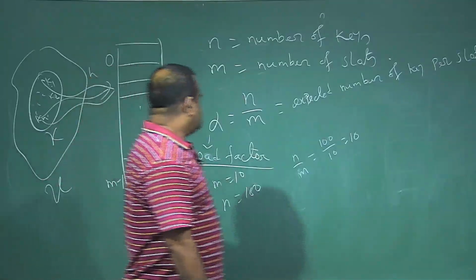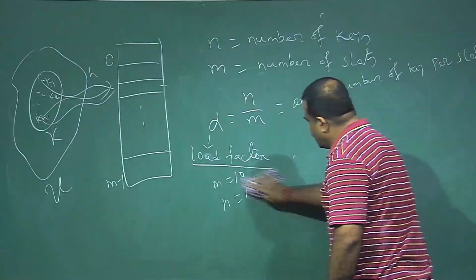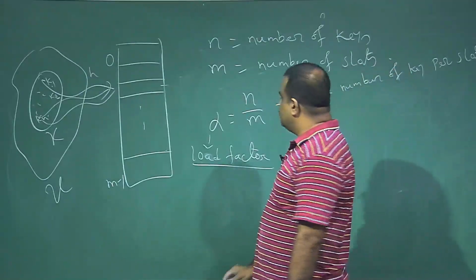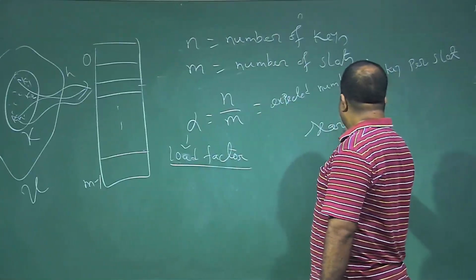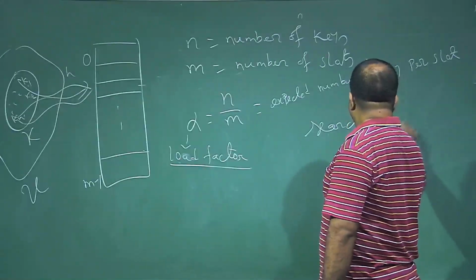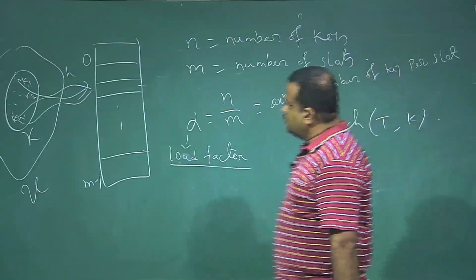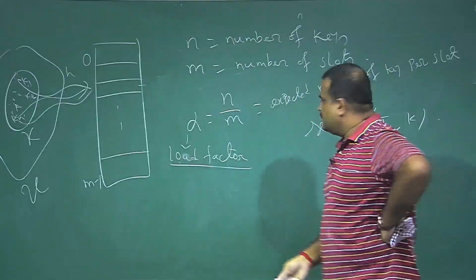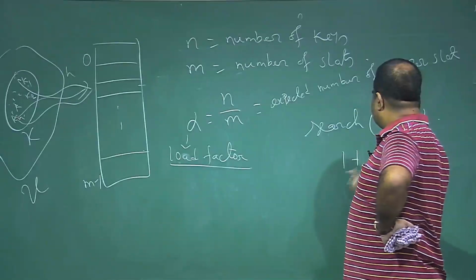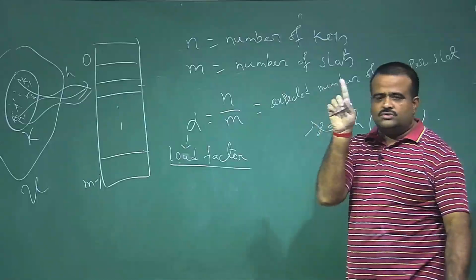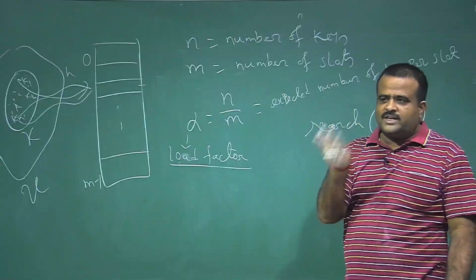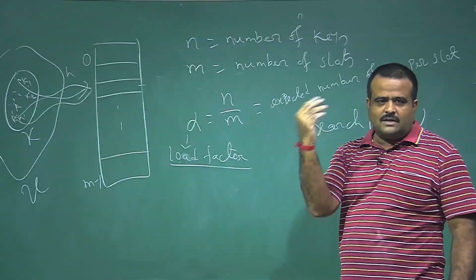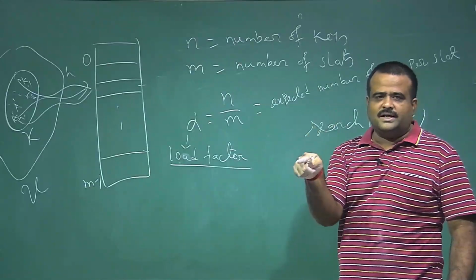Okay, so now if your hash function is a good hash function, how much time will we take for searching a key? We want to search a key k. First we have to apply the hash function, so one hash function computation is required, then we reach the slot, and in that slot, since we have the chaining method, we are expecting alpha keys colliding there.